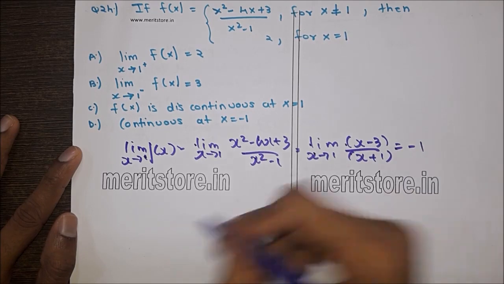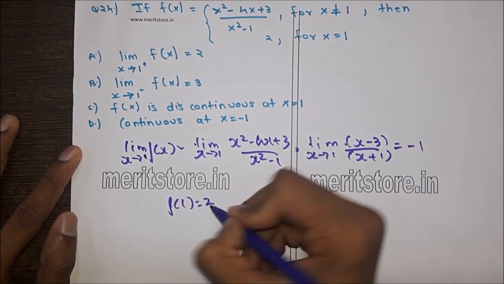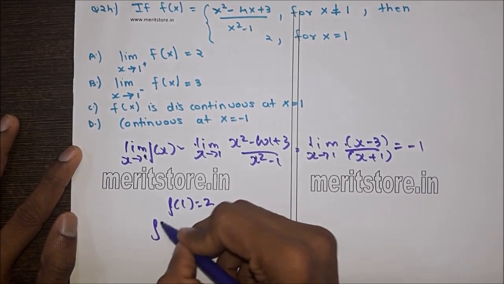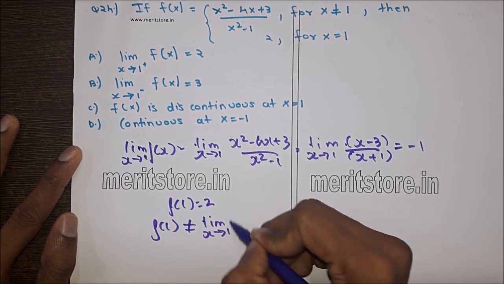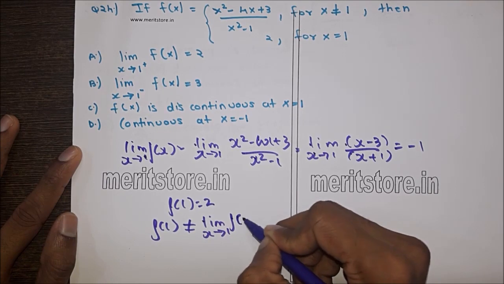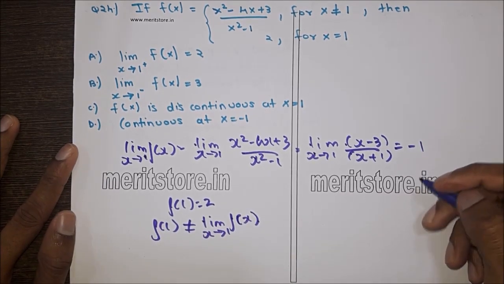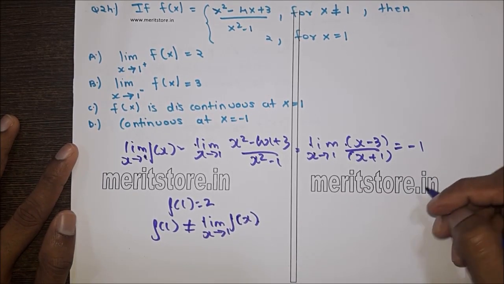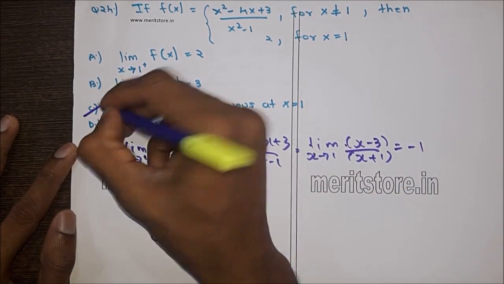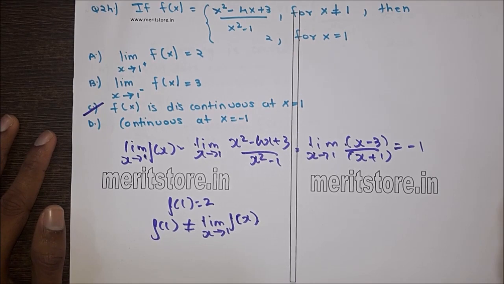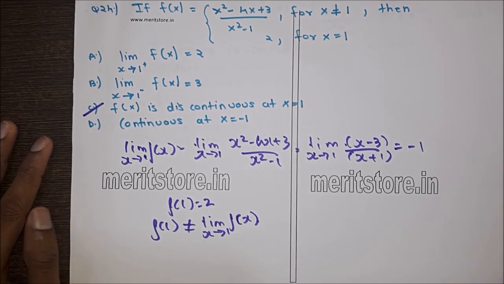Therefore we have f of 1 equal to 2. Therefore f of 1 is not equal to limit x approaches 1 of f of x. Hence the function is discontinuous at x equal to 1. So we see that option C, that is the function f of x is discontinuous at x equal to 1, is the correct answer.